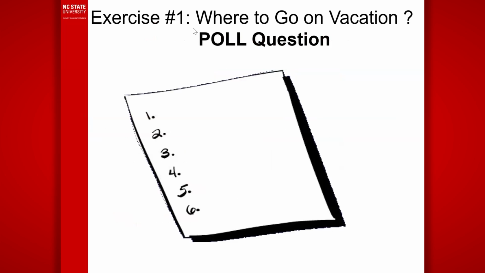We won't do this little exercise now, but it's one we do in our half-day class, and I'll explain how it works. I give you 60 seconds to write down as many places as you can think of where you might want to go on vacation. Go, write as many as you can. And usually we tally up our tables.